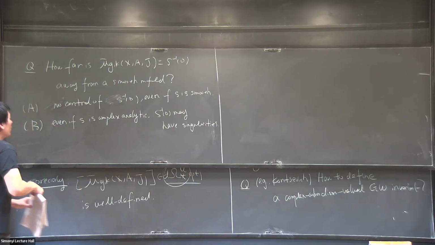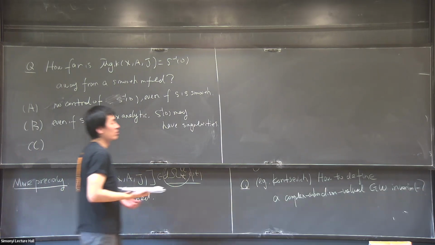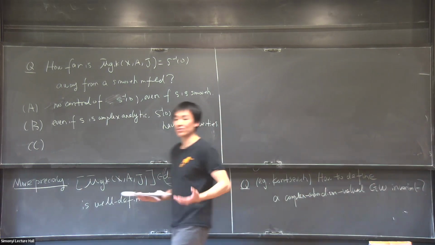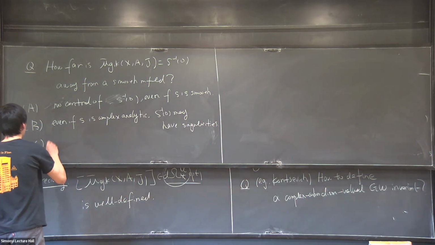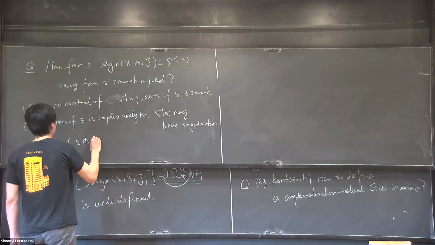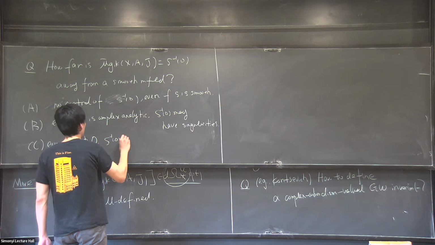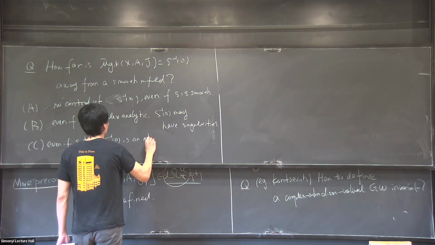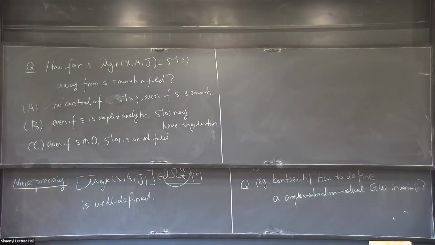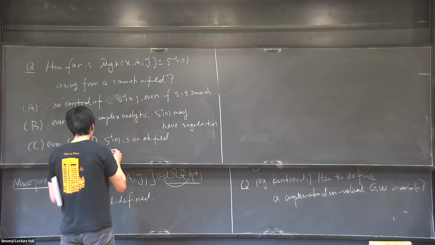And thirdly, even if S can be chosen to be transverse to the zero section, we only end up getting an orbifold. For a general orbifold, if we take its coarse space or quotient space, it's not really a manifold in general.